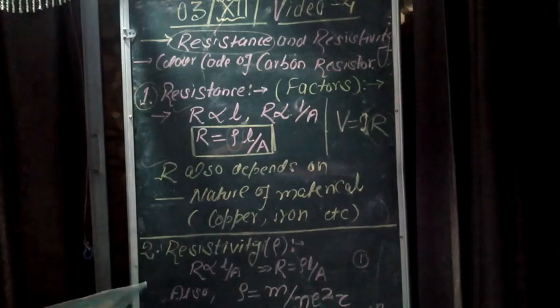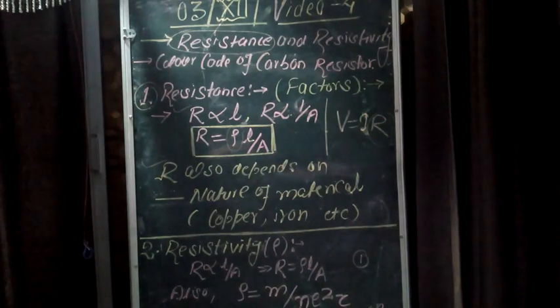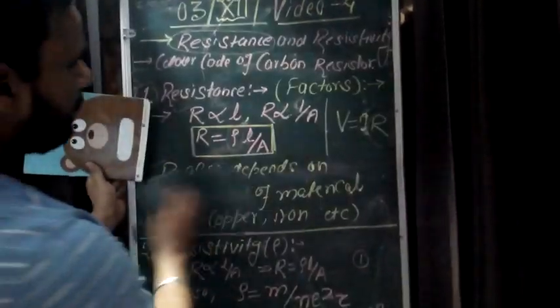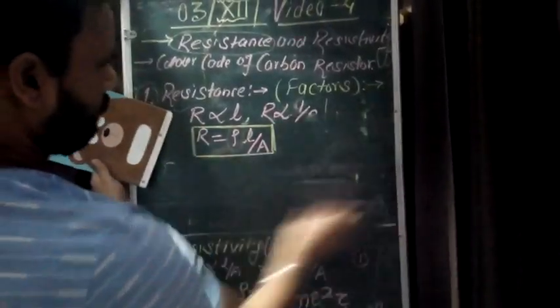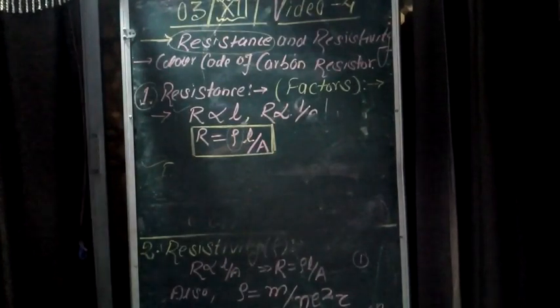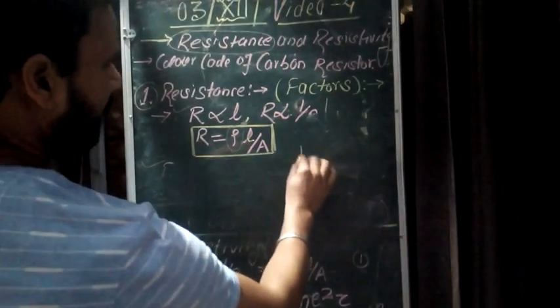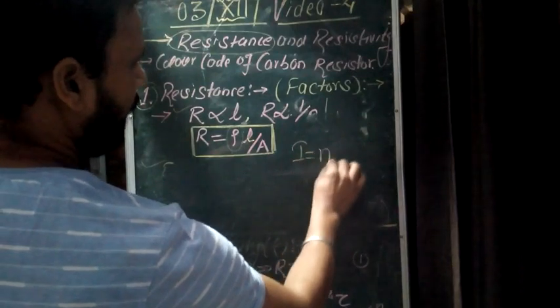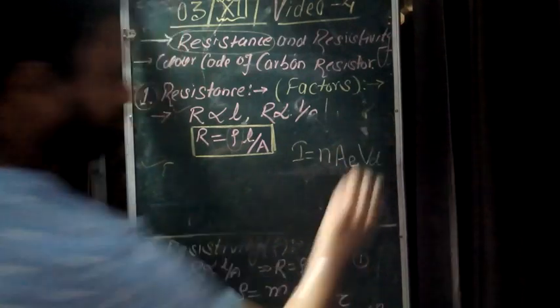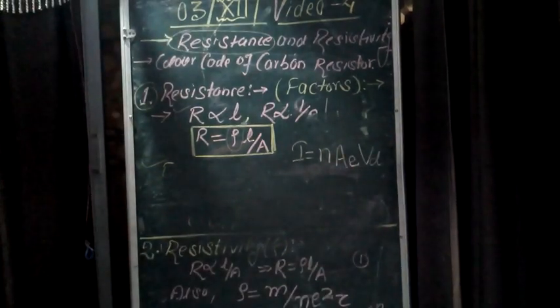Let's take some other formula in which we can write the value of resistance. We know that the relationship between current and drift velocity is I is equal to nAeVd. This is a very famous and very important relationship.